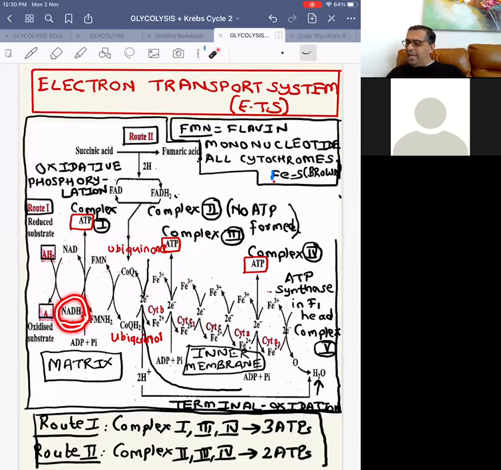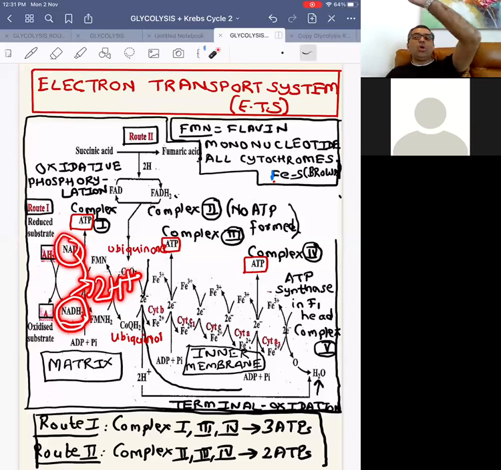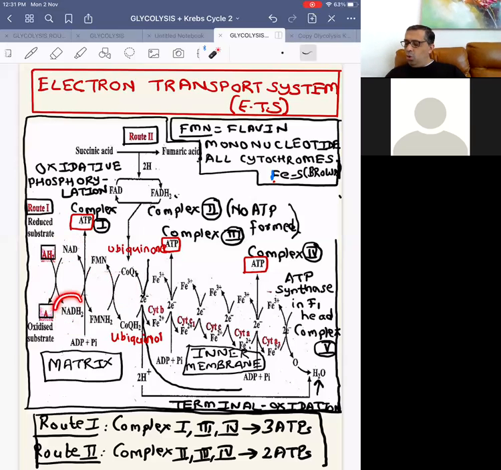NADH2 again gives away hydrogen. NADH2 gives away hydrogen and gets oxidized back to NAD. What is giving away hydrogen called? Oxidation. So NADH2 by giving away hydrogen gets oxidized back to NAD.